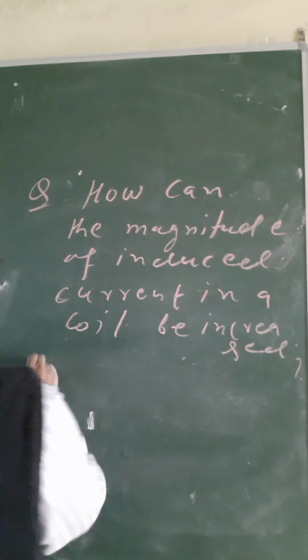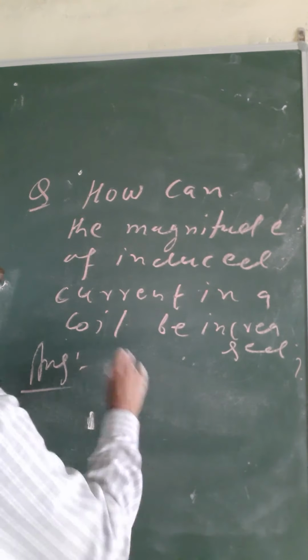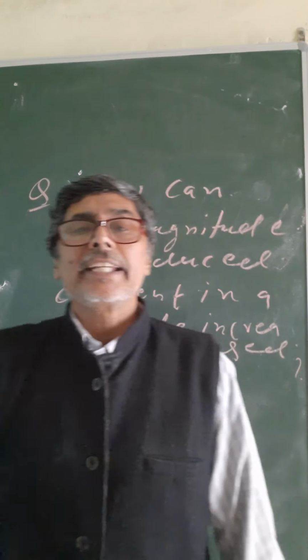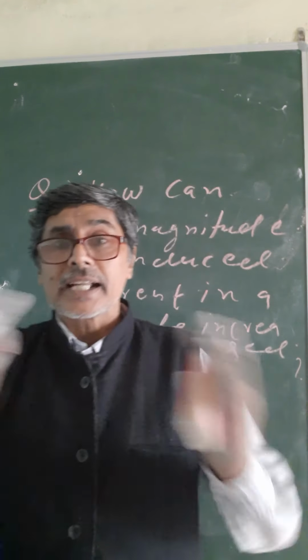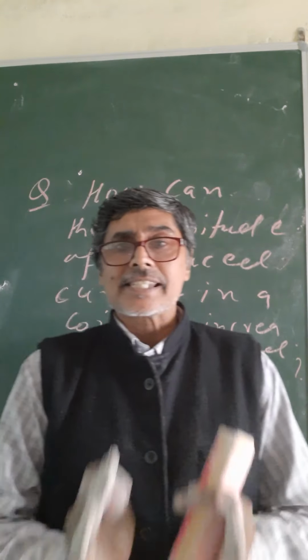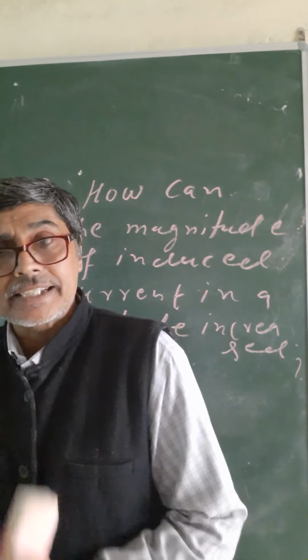The answer is that the induced current in a coil can be increased, first, by increasing the number of turns in the coil.